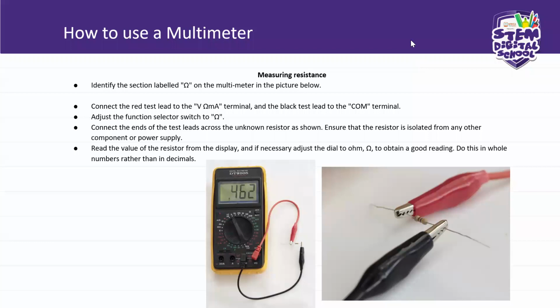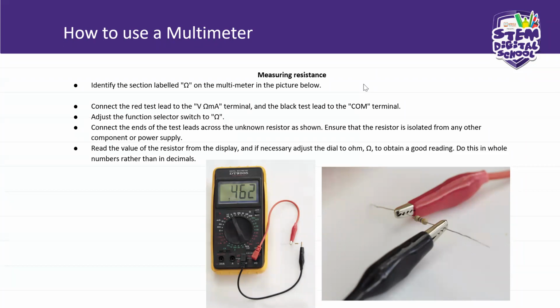Give me the two ways of measuring resistance. Two ways you can use to measure resistance. The multimeter, you can use the multimeter and the color codes.